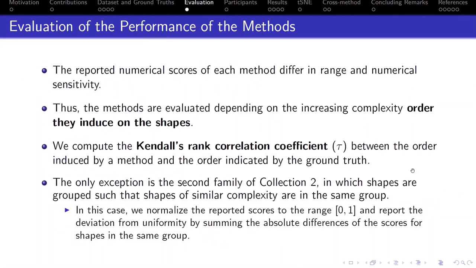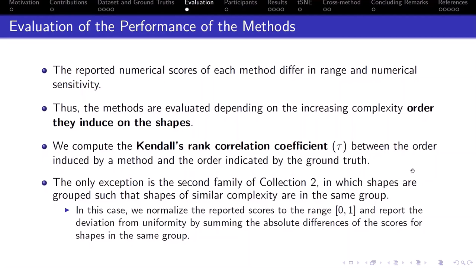So how do we evaluate the performance of the methods? Well, because the reported numerical scores of each method differ in range and numerical sensitivity, we have evaluated the methods based on the increasing complexity order they induce on the shapes. So we compute the Kendall's rank correlation coefficient between the order induced by a method and the order indicated by the ground truths.